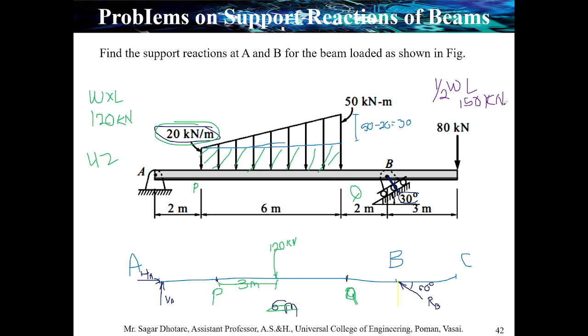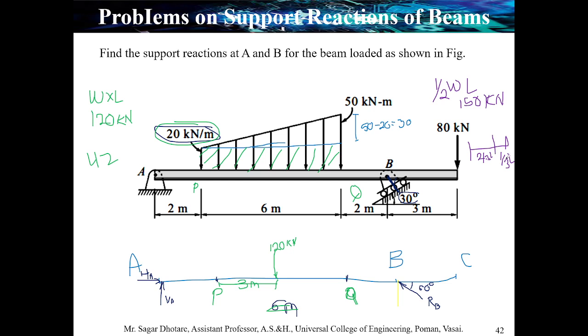Now next, what about the location? For location, we know that from the starting point it is 2/3 L, and from the end point it is 1/3 L. So simply you can calculate these values.